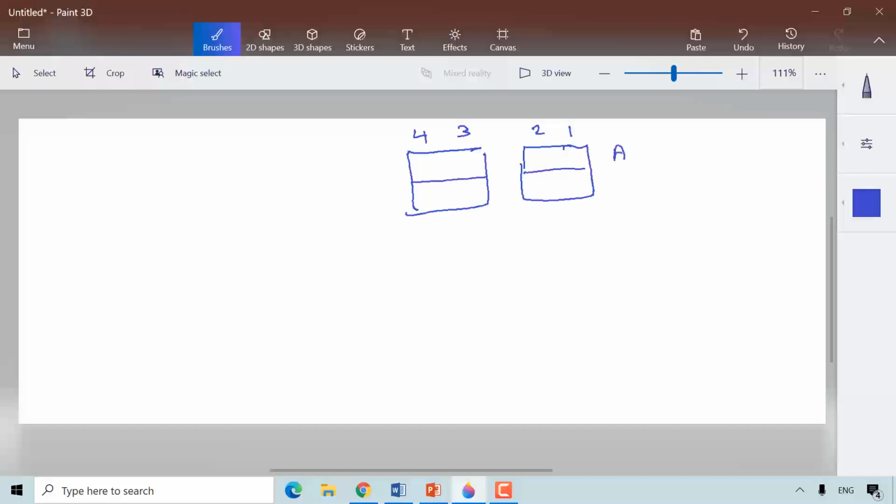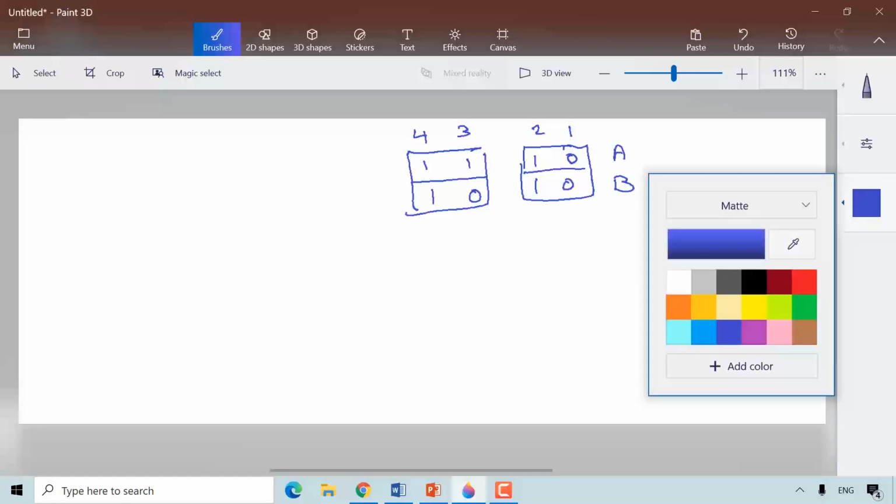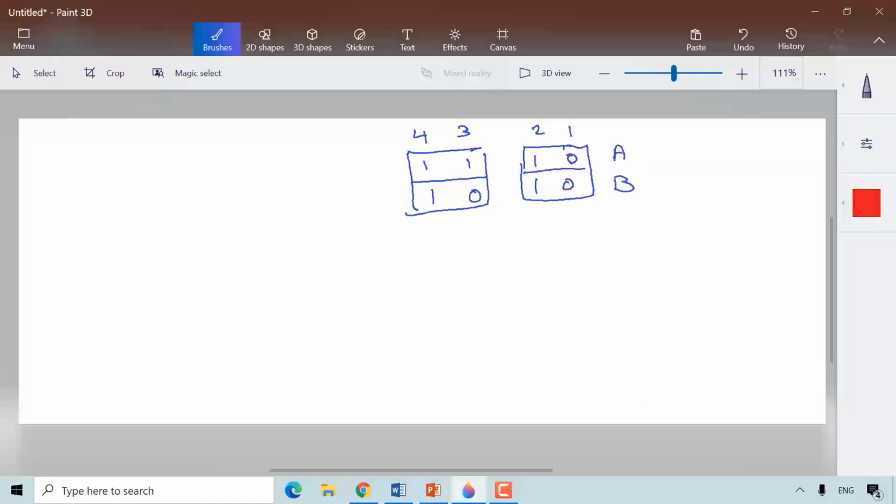I'm adding A and B, and let's say the values here are 0, 1, 0, 1 and 1, 0, 1, 1. We have indicated earlier that these are bit position 1, bit position 2, bit position 3, and I split them purposely now, and you will see why.